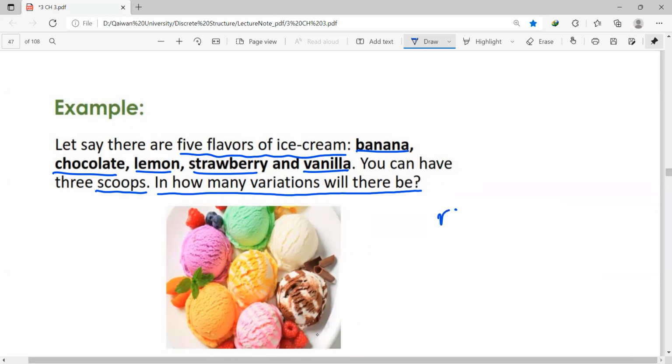So here R is 3 and N is 5. We just replace R and N by their values in the rule.